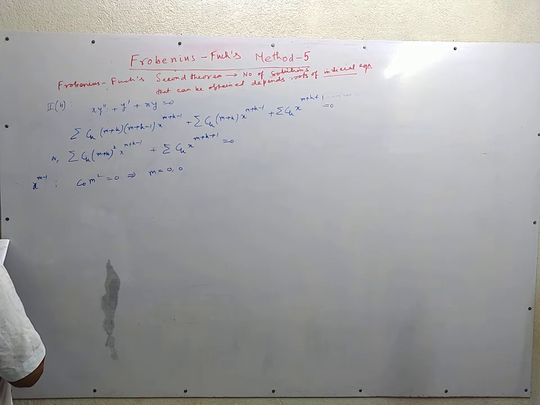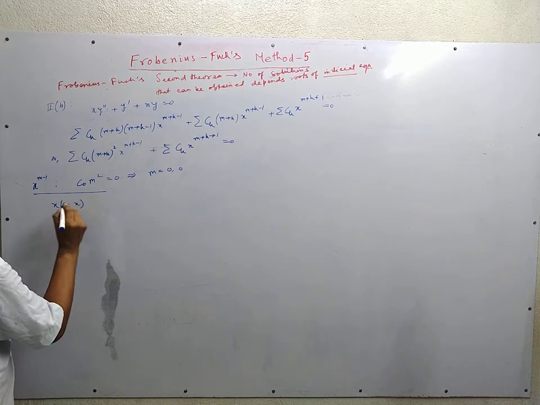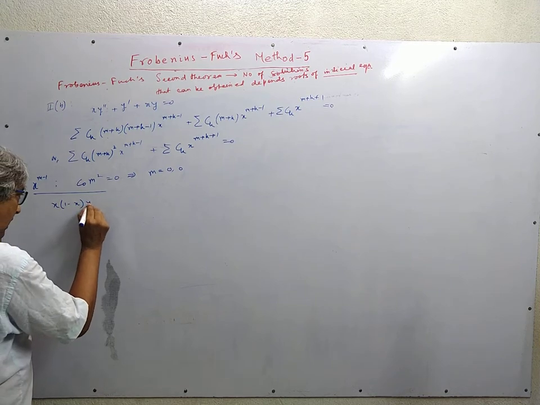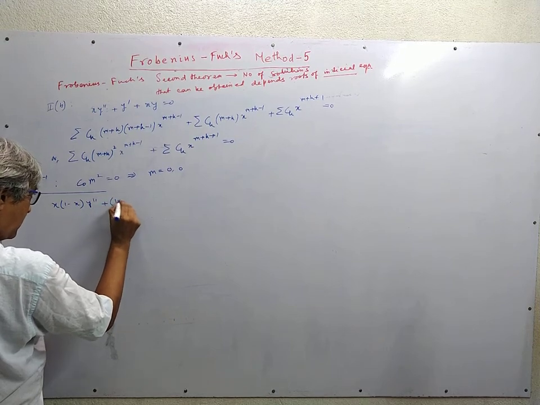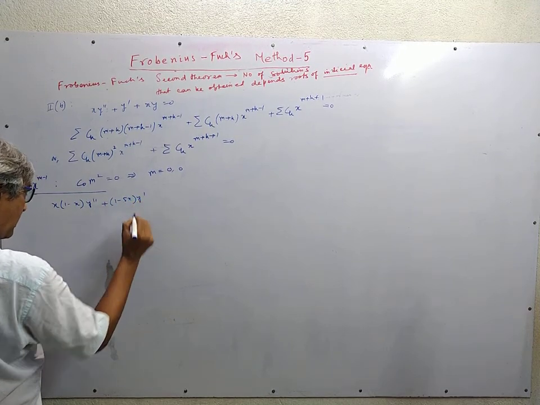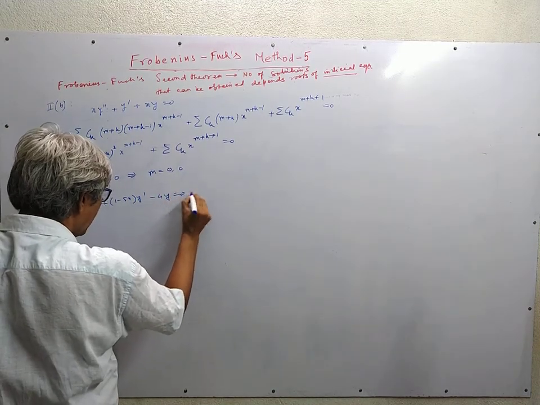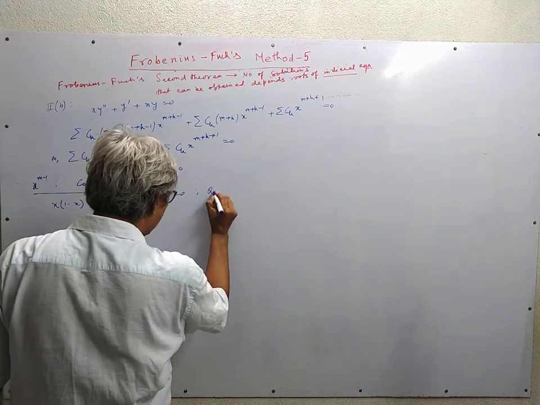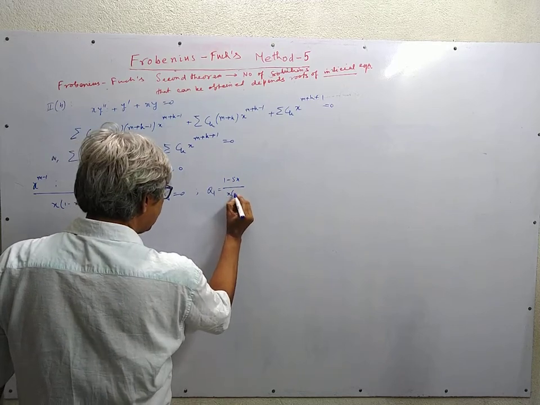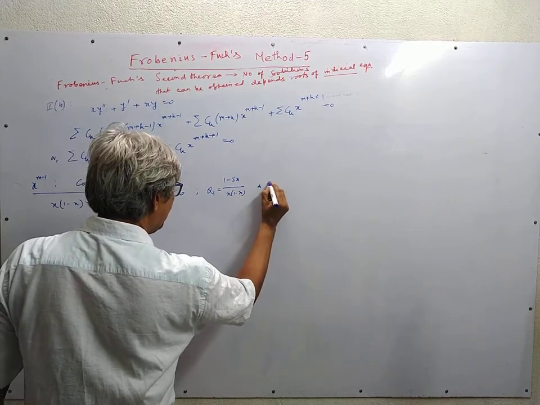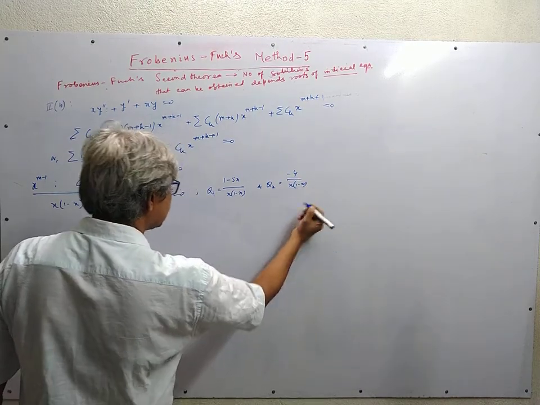And the second example we consider is with x into 1 minus x. You see that q1 here is 1 minus 5x over x into 1 minus x, and q2 is minus 4 over x into 1 minus x.